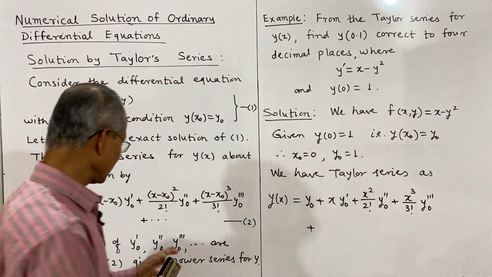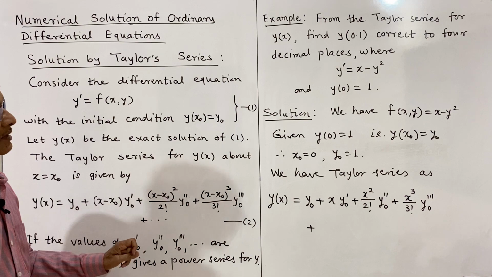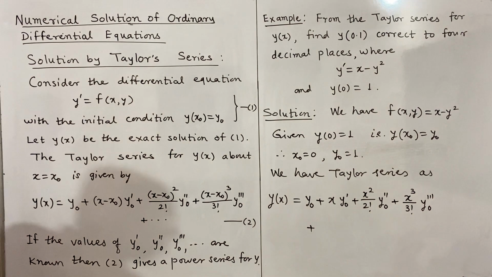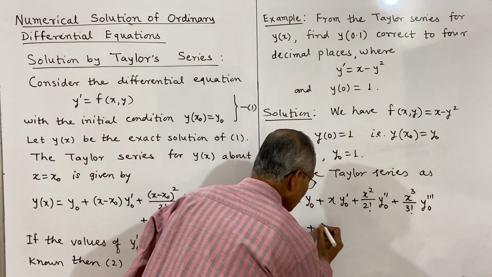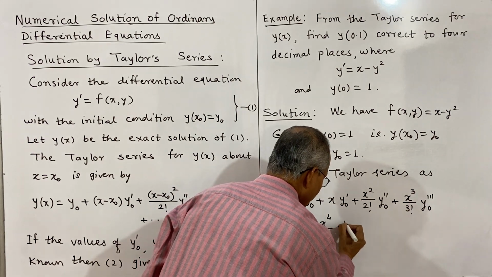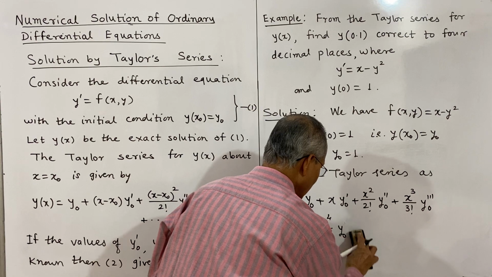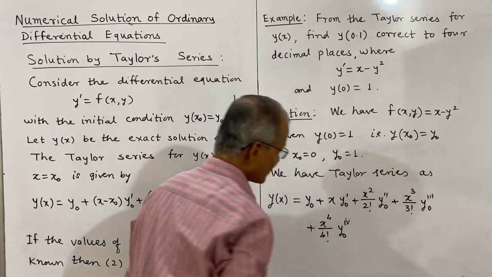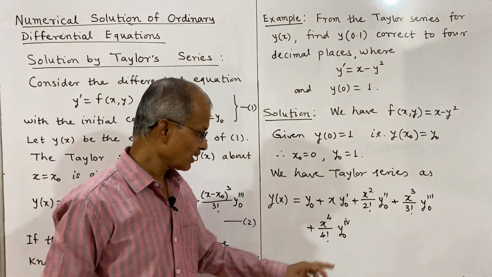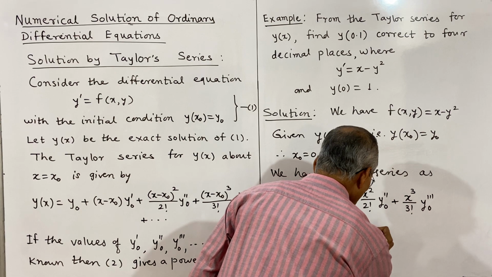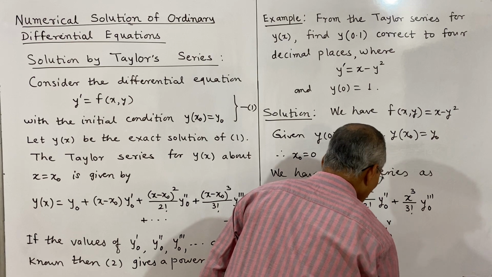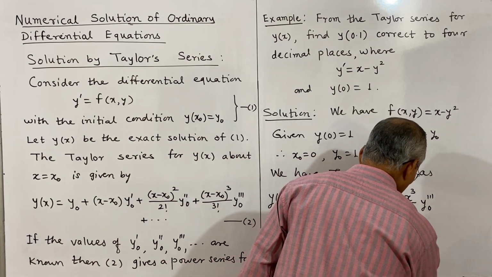now the series is infinite, and we are asked to get the values correct up to 4 decimal places. So we should write a few more terms, and the next term will be x power 4 divided by 4 factorial, fourth derivative, and that notation we shall write like this: y naught, this is the fourth derivative of y at x is equal to x naught, plus x to the power 5 divided by 5 factorial, fifth derivative of y at x is equal to x naught, and plus so on.